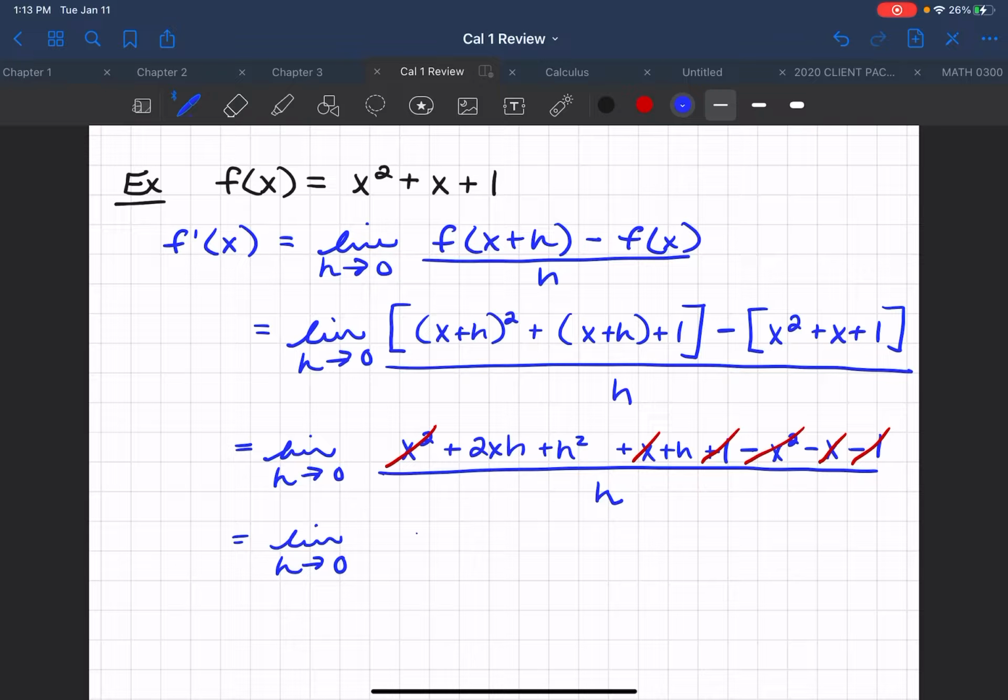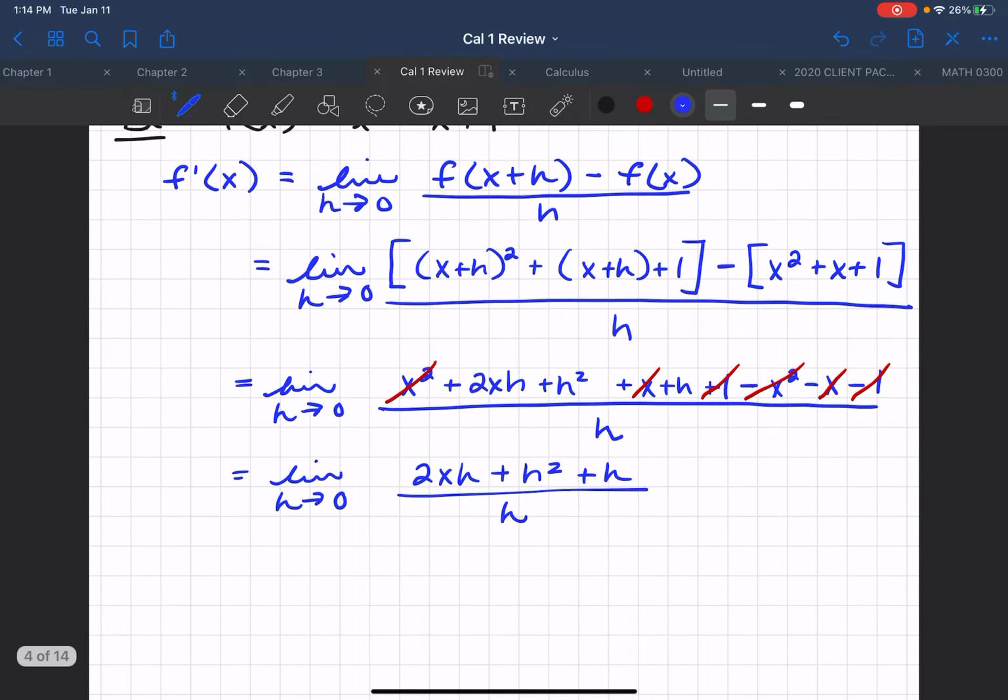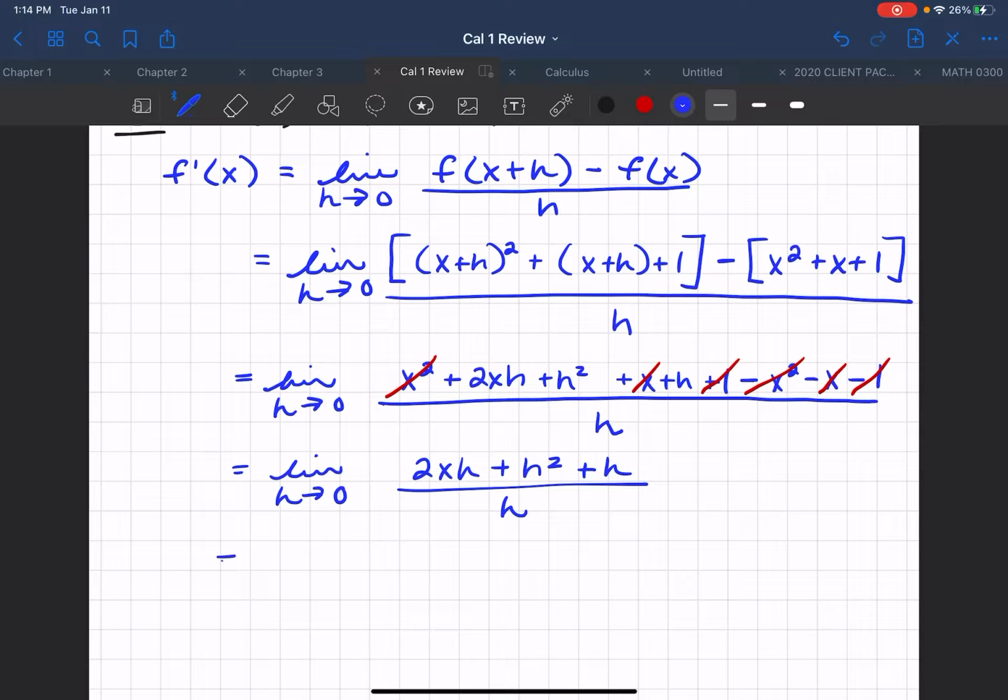So that leaves you with 2xh plus h squared plus h, over h. Everything has an h in the numerator, so I'm going to pull one of those out, which leaves me with h times 2x plus h plus 1, all over h.